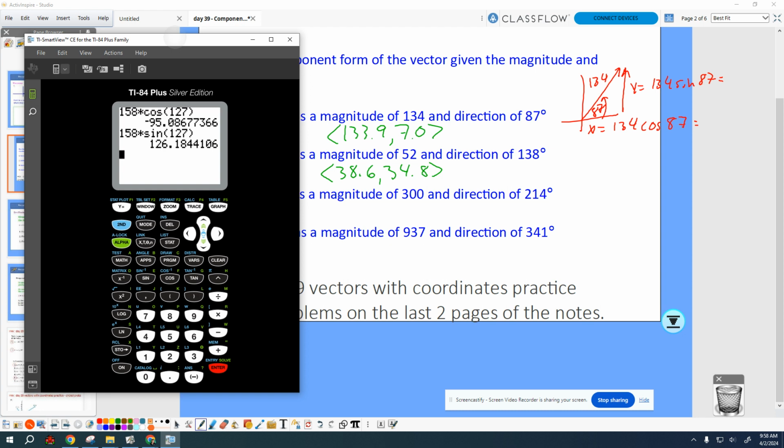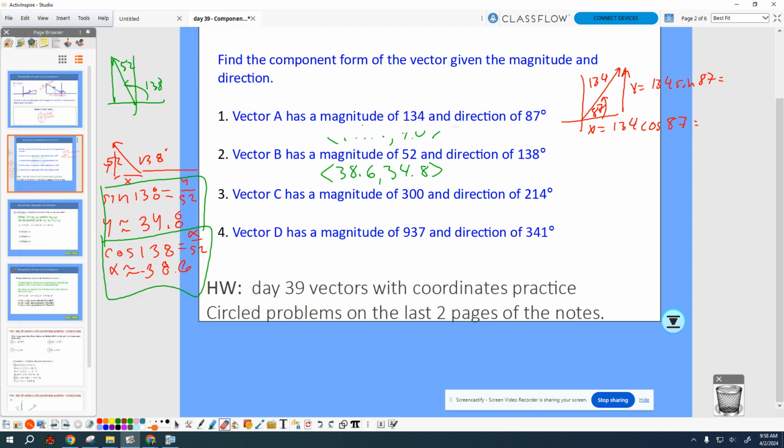It's 7 and 1. Yep. Sorry, it was 133 point. Sorry, 130. Yes, we'd round it, and we would probably ask you for more than a whole number.